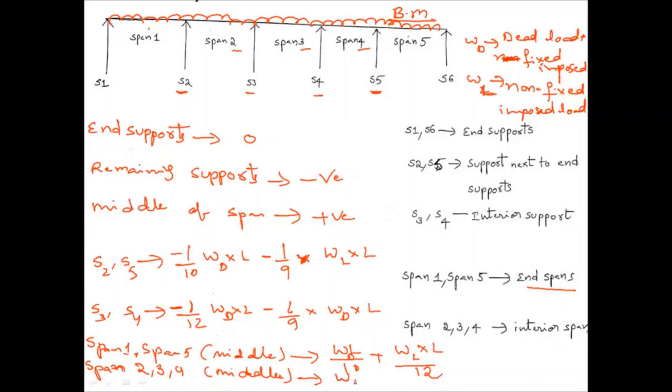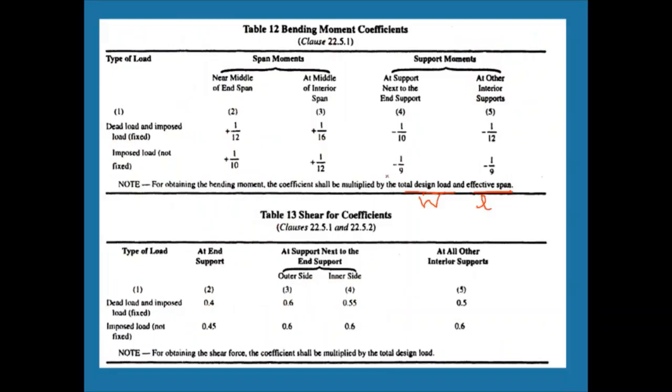So this will be WD into L divided by 12 plus WL into L by 16. So for this bending moment coefficient, you have to multiply with the total design load and effective span, then you will get the total bending moment at that point.